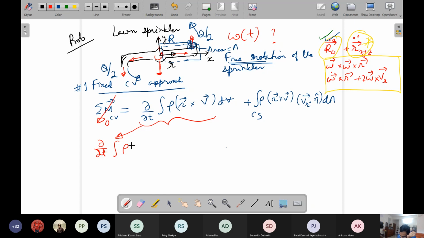So what is dV? Let us assume that this dV is somewhere here. So dV we can imagine as A into dr. A is the cross sectional area of this arm, and dr is this differential length.